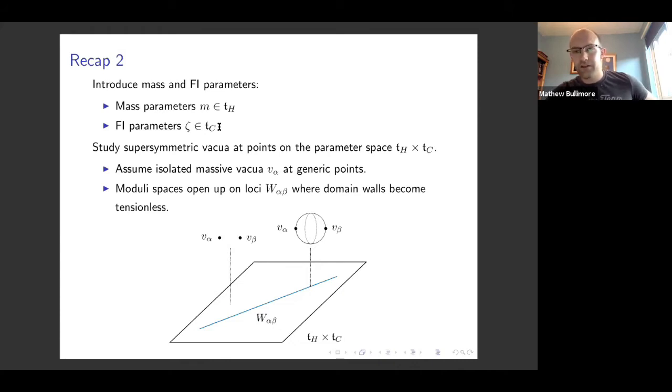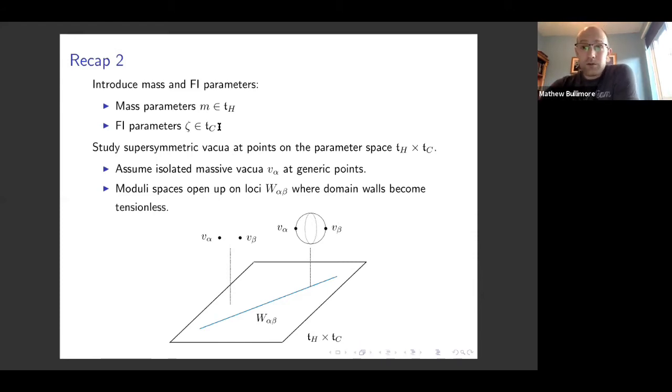And it's an interesting thing to do, to ask how observables, they might be vacua, they might be other complicated things like line operators or boundary conditions, how the sets or categories or whatever of those things depend on the masses and the FI parameters is an interesting question.